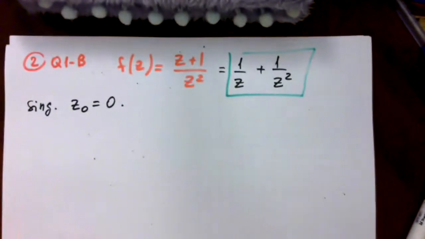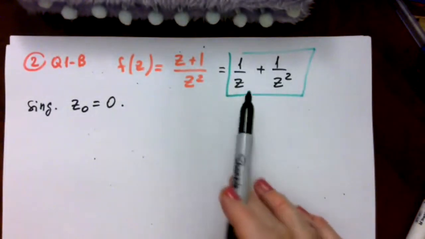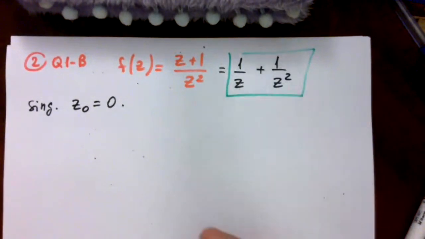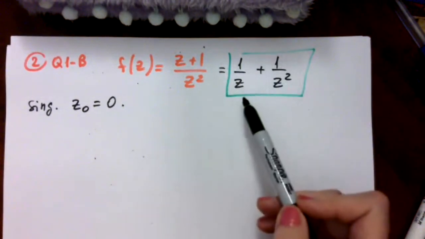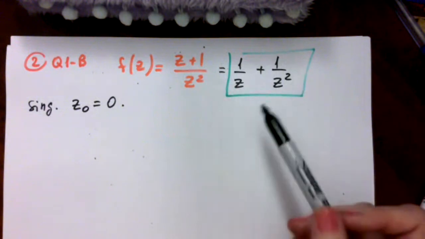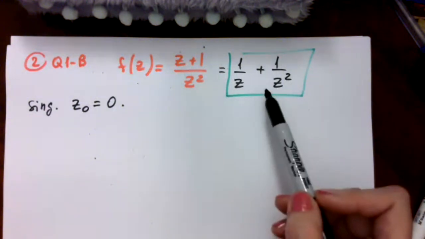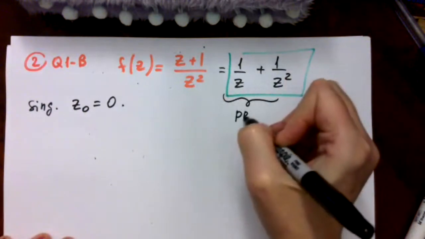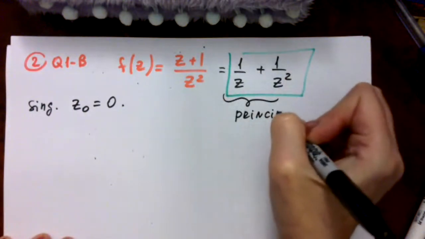We didn't even have to draw circles or anything like this. It happened just naturally. And this is actually the principal part, because this expansion is very strange. It contains only two terms, but these terms have only negative powers. So this is the principal part. Very funny example.